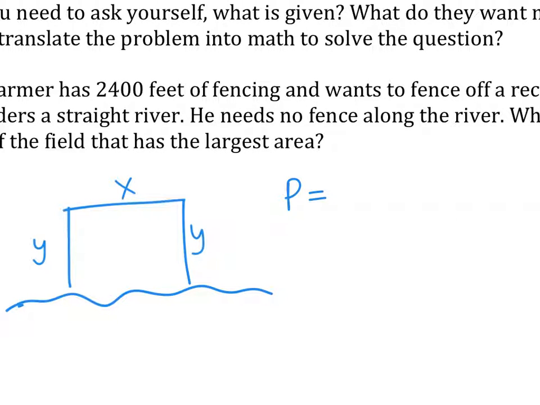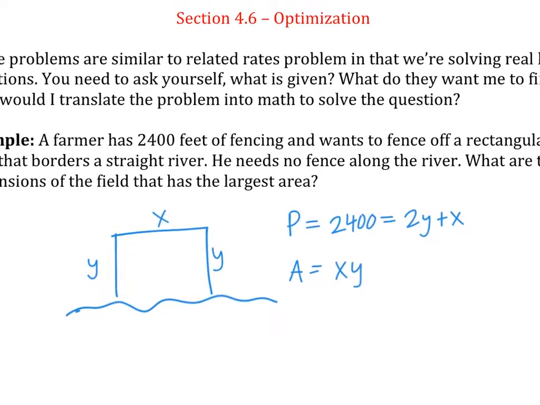It is 2,400 and according to X and Y? 2Y plus X. Okay, and then in this plot, what is the area? Formula. XY.